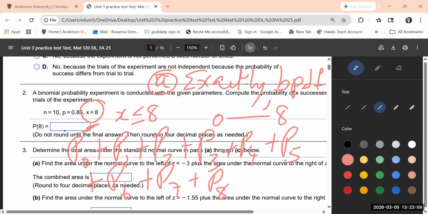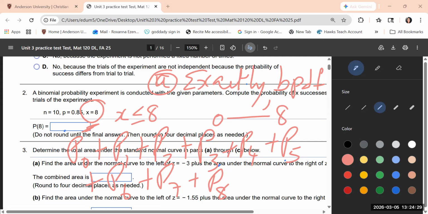And then P8 is 10 combination 8, success to power 8, and failure to power 2. So when I finish, I have to find this probability, add it to probability P7, add it to P8, and get an answer.